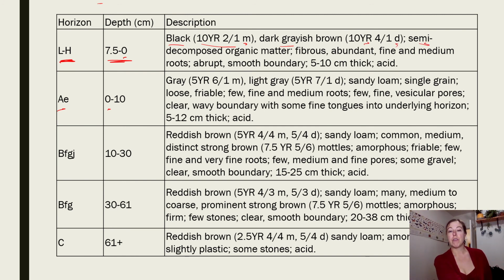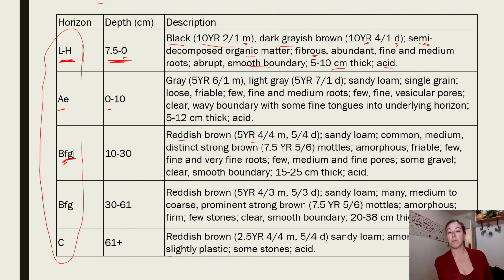They've told us if there's organic matter and what it's like, and described all the different things in the order. Here's our boundary. Here's how thick it is, and it's acidic, right? So here's a BFGJ layer. What do those symbols mean? Basically, just based on this horizon part, you can probably classify the soil.